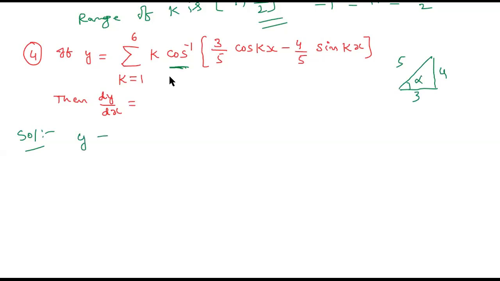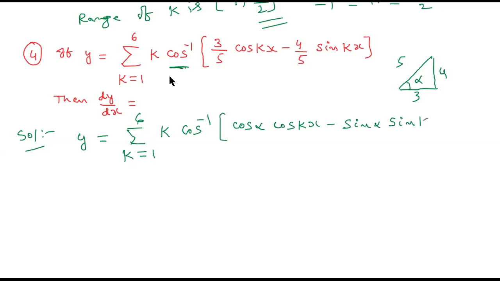So y is equal to sigma k is equal to 1 to 6 k into cos inverse of 3 by 5 means cos alpha into cos kx minus 4 by 5 means sin alpha into sin kx.